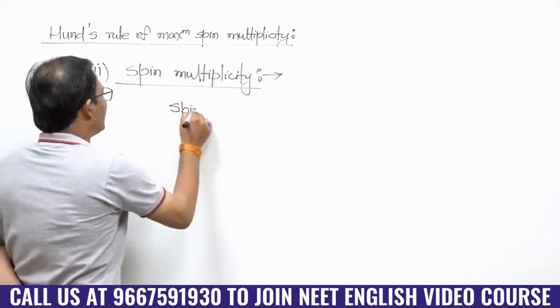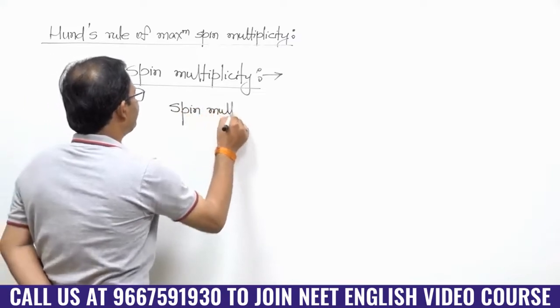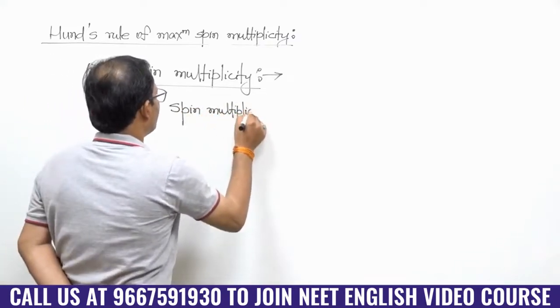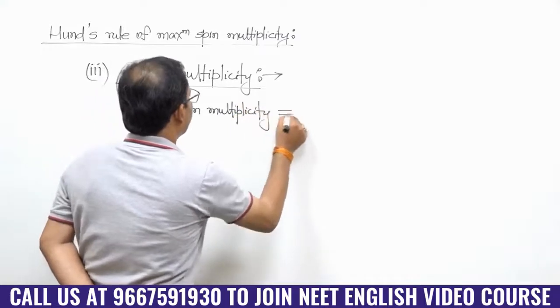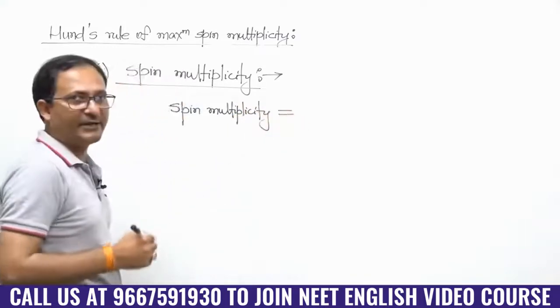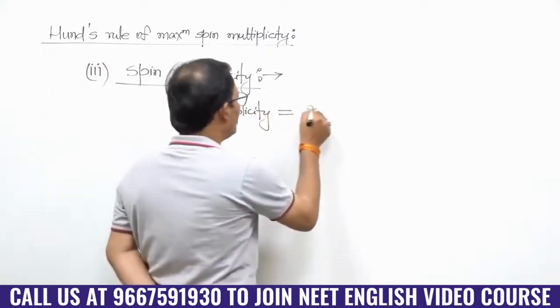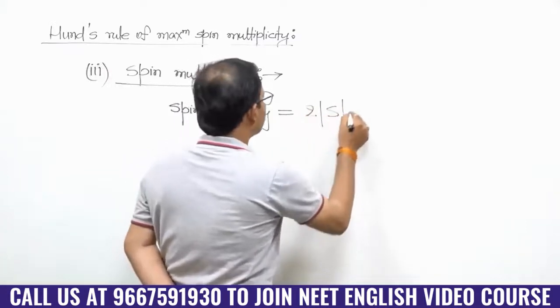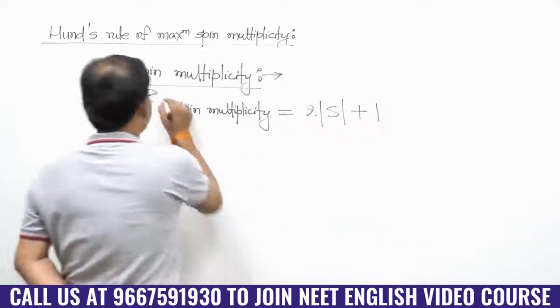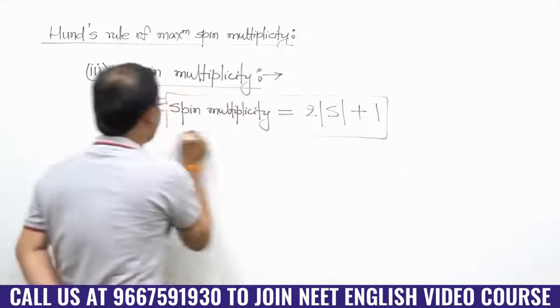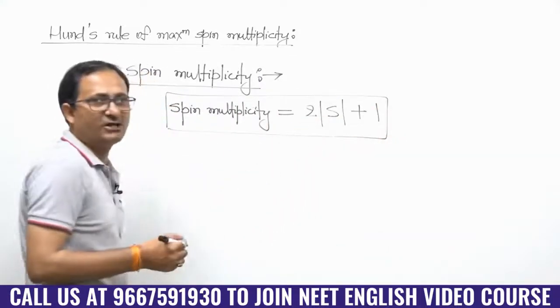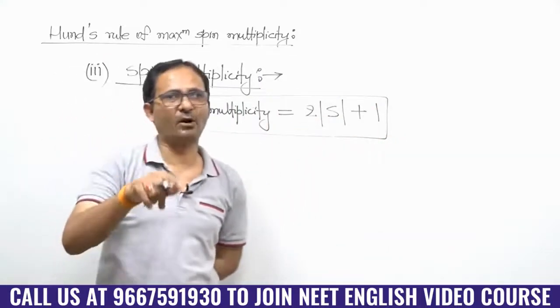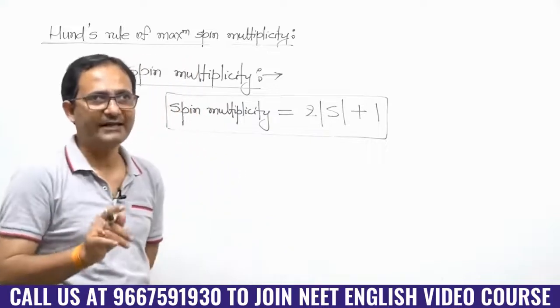Spin multiplicity is calculated by using this formula, 2S plus 1, and here S is the total spin of the electrons, right?